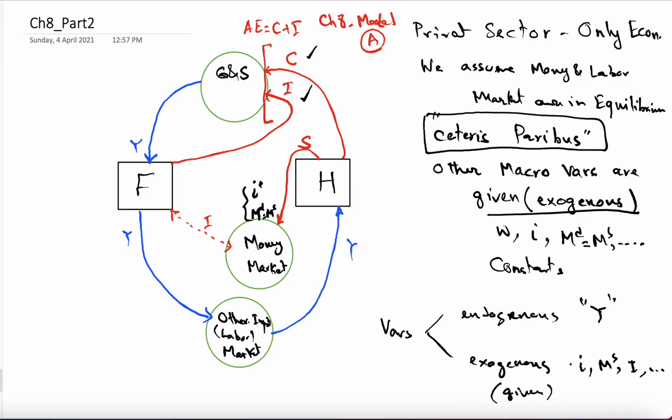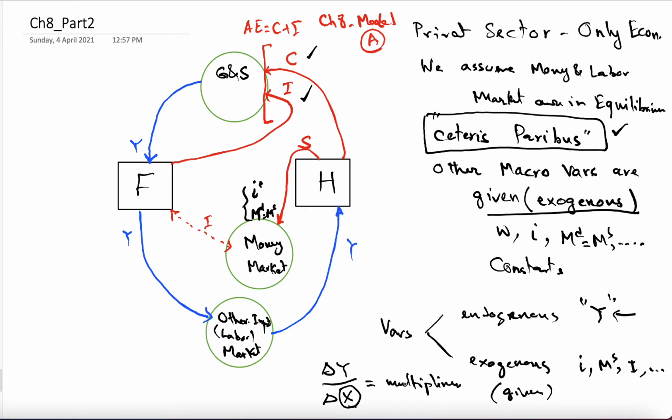So if one of these which we assume is given is now changing, we could say how it affects the equilibrium. And that analysis is basically changes in the Y as a result of a change of an exogenous variable. This is called the multiplier.